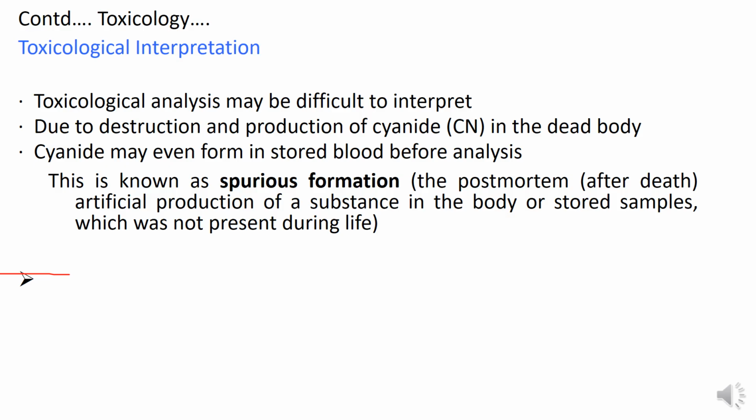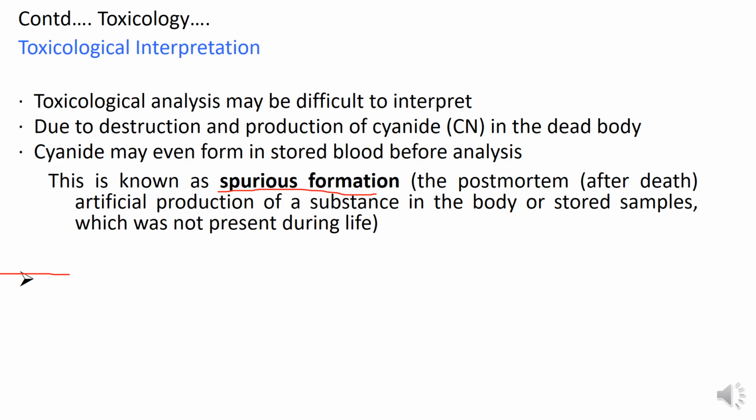This is one aspect. And another aspect is that it can be formed artificially after death because of microbial actions. We term that aspect spurious formation or artificial formation after death. So now you can understand. We have to take samples as soon as possible because of the quick destruction and also the artificial formation.